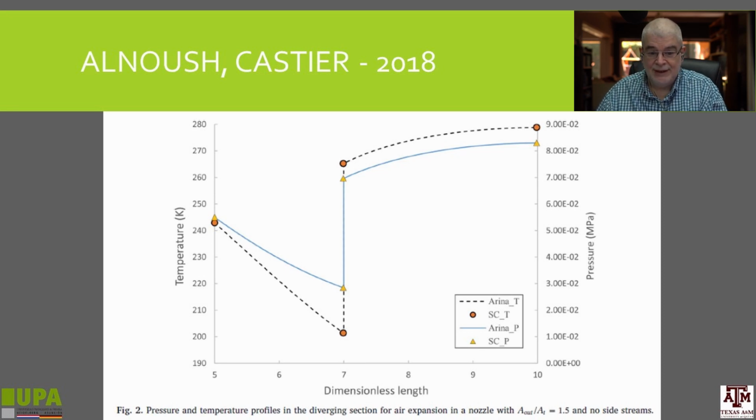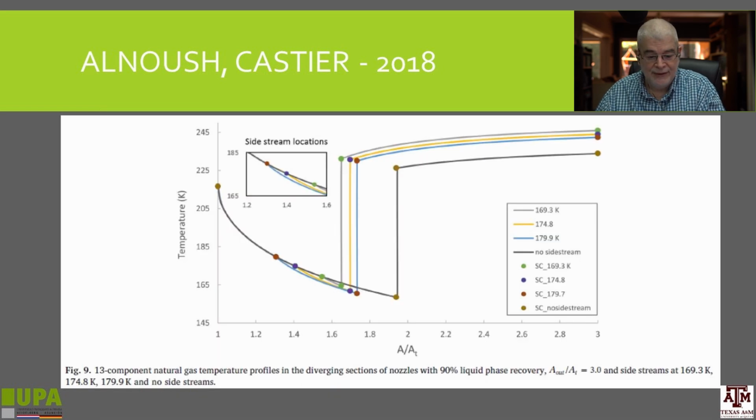So here are examples. This example has no side stream. This example is the effect of the side stream location on the conditions of the outputs. So we could do a lot of things much, much quicker than we could do before.